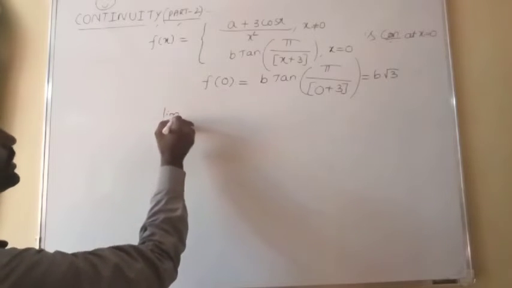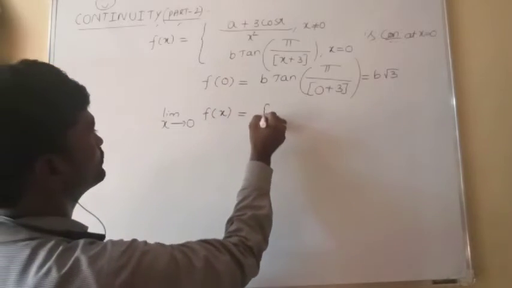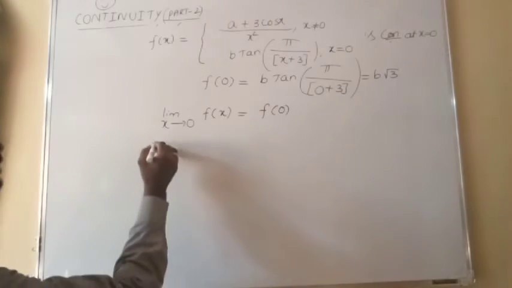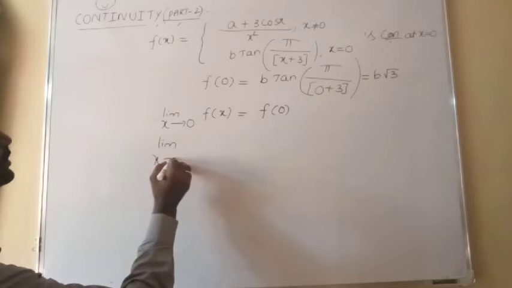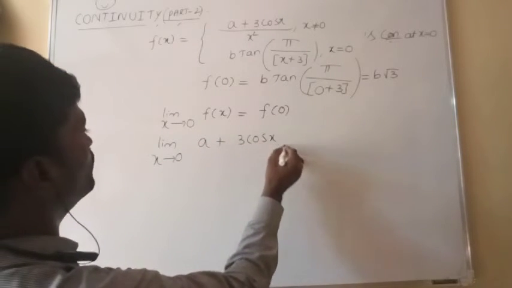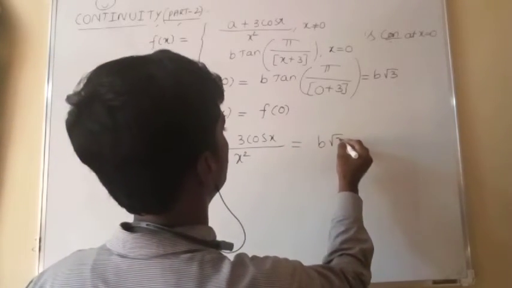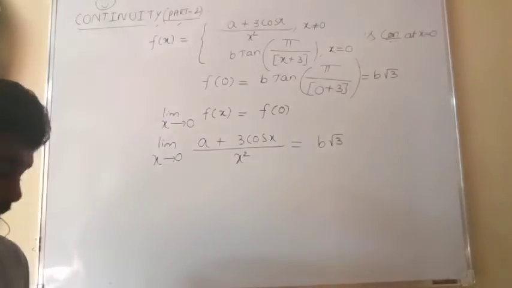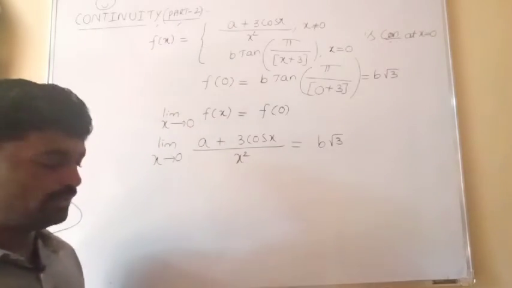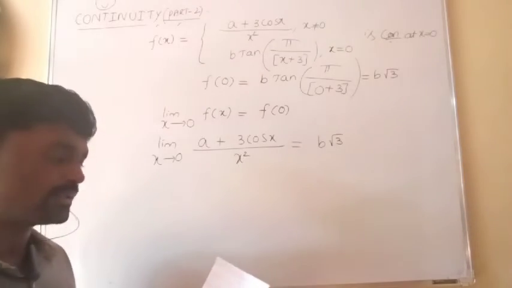Now as it is continuous, equate the value of the function to the limit of the function. So limit x tending to 0, (a + 3 cos x) divided by x square is equal to b into root 3. It is just like the previous problem, a sin x plus bx cos x, a cos x plus bx sin x.